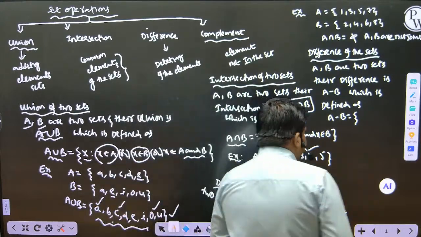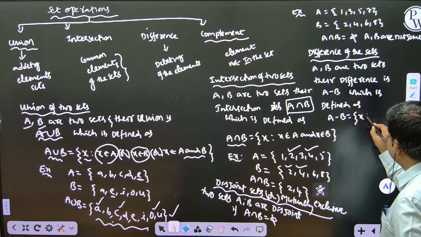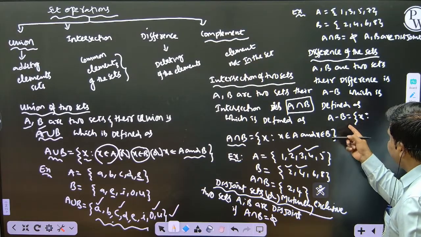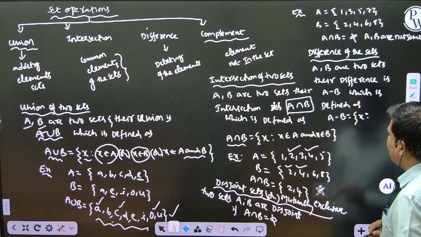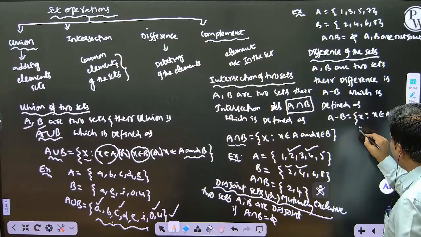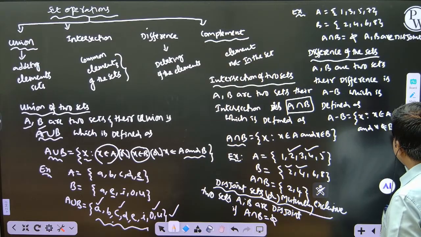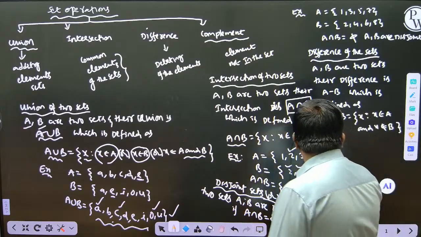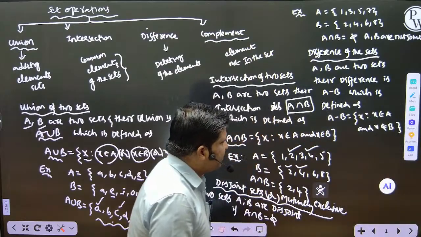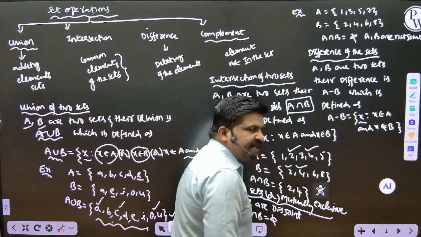So how do you write this? x is such that, after deleting the elements of B, the elements are present in A and not in B. A minus B consists of elements, but what are those elements?